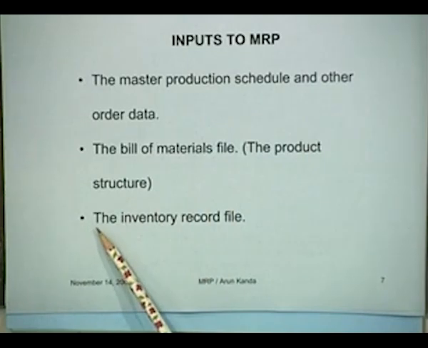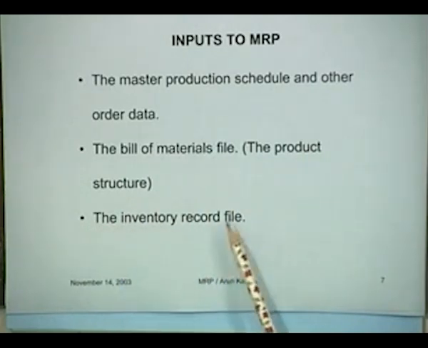And the third major input to the MRP system is the inventory record file. That means you must know what is the stock of different items, components, raw materials that you already have, so that when you are making purchases, you account for the materials that you already have. That's the basic idea. So these are the three major inputs that we have for the MRP system in this particular framework.